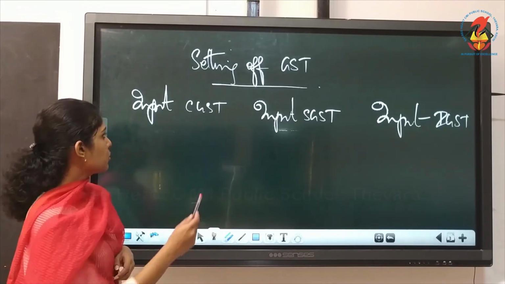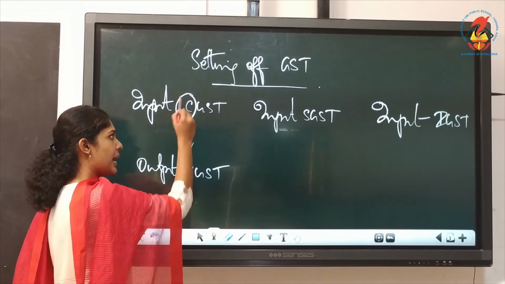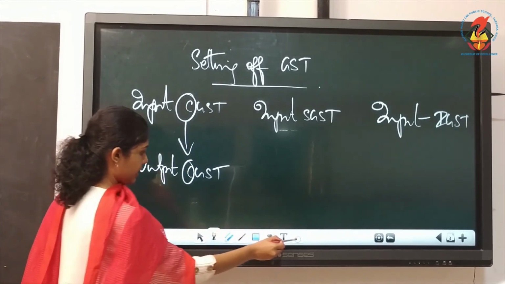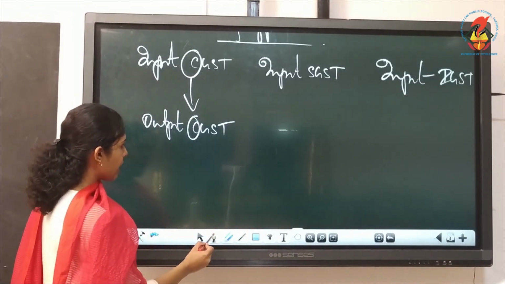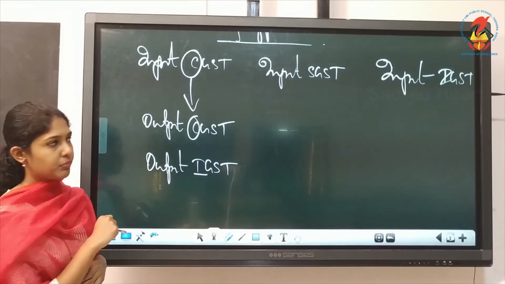Okay. So the order is, input CGST first can be set off against output CGST from the same head. You have to set off first. Then if that is not enough, you can meet it from output IGST, integrated GST.